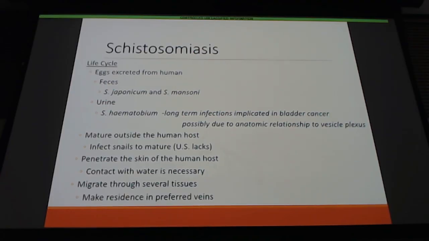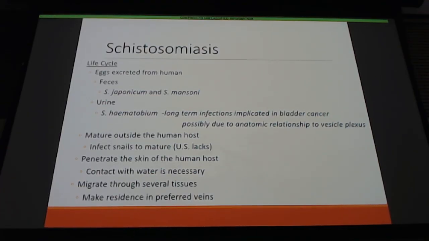So here's your life cycles, right? And it's excreted by generally us or whomever is infected, right? Remember, if you're going to look for haematobium, because it is associated with the bladder, you're going to do a urine sample, right?